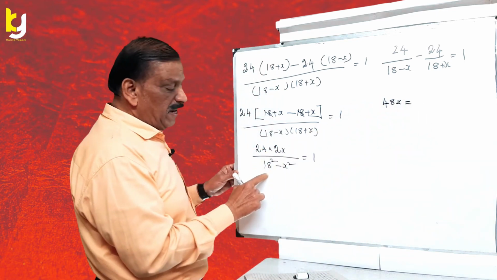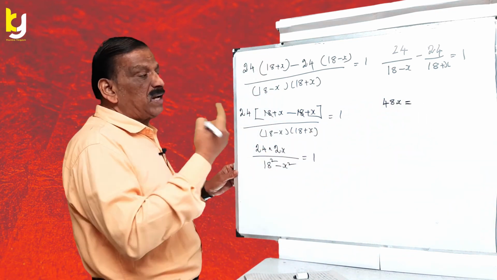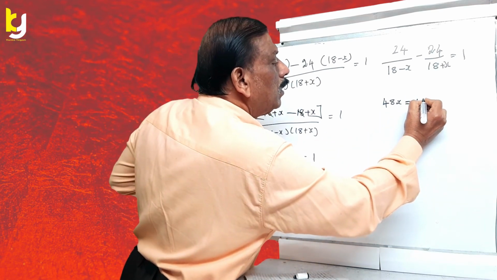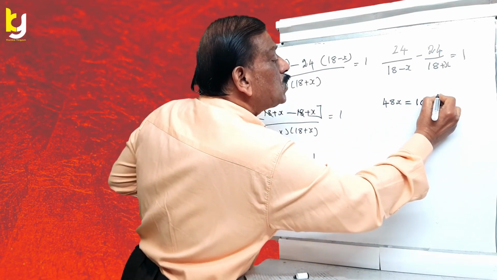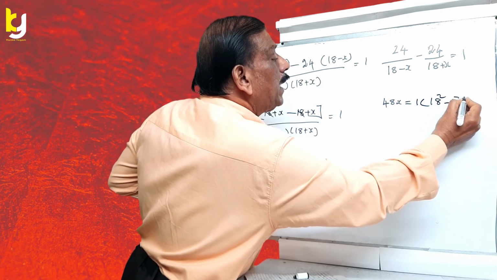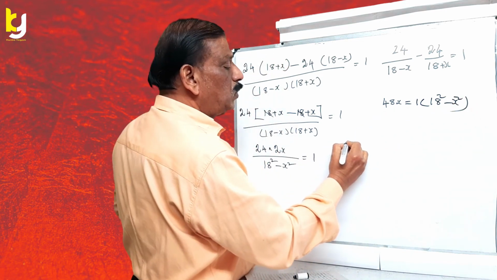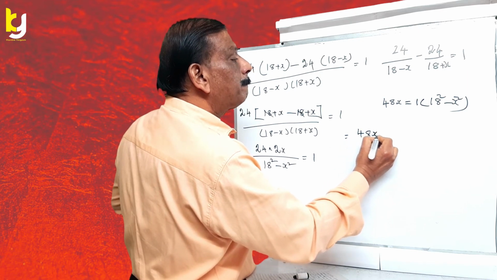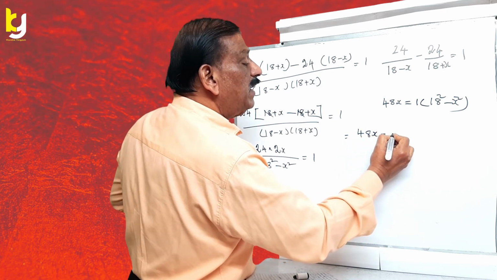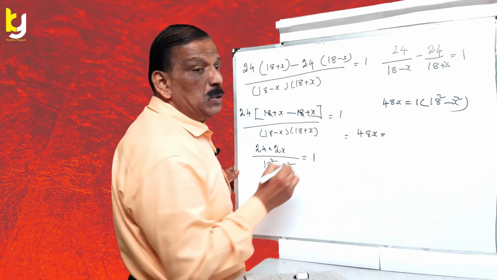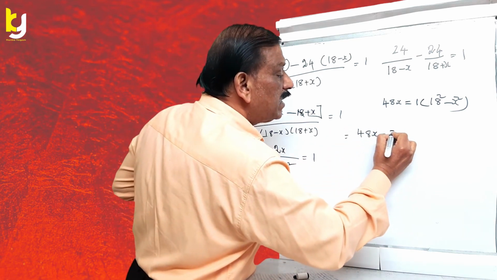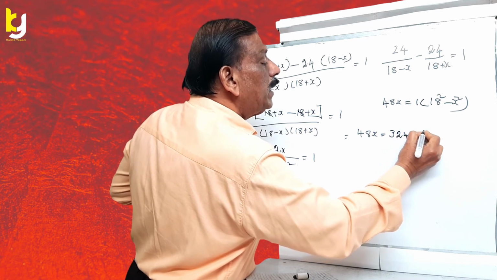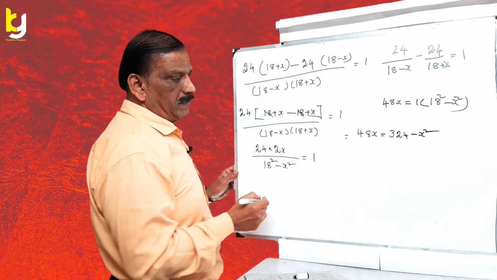Bring 18 square minus x square to the right hand side. So it will be 1 into 18 square minus x square, that is equal to 48x. 18 into 18 is 324 minus x square.